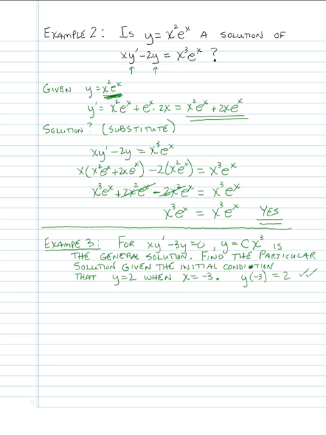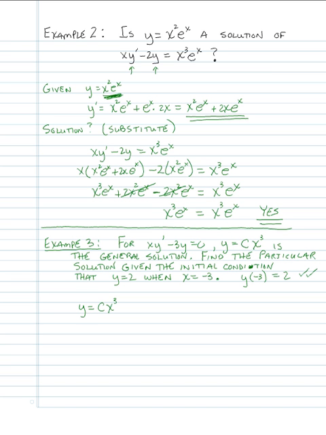Well, it's really quite simple. I mean, it's really an easy process here. We know that, generally, a solution looks this way. Now, we have one more condition, though. There's more information here. We know that this is what the solutions look like, so we need to know the c value given the information that y is 2 when x is negative 3.